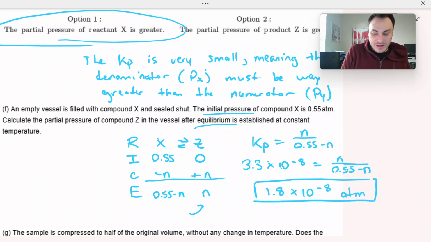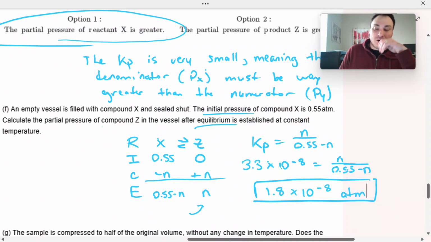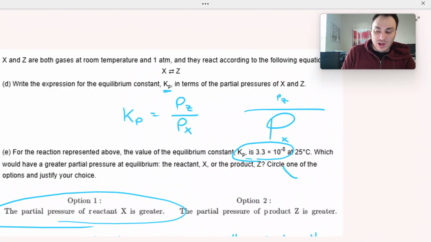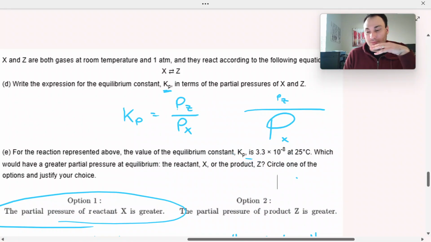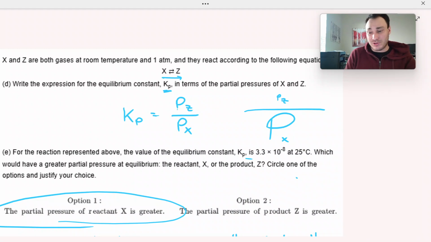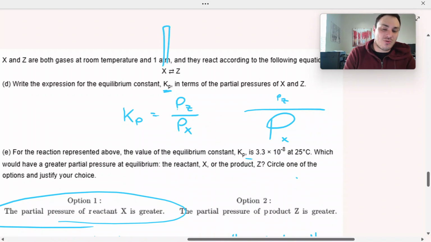That is my answer. The other way you could have done this, we already have talked about K being really, really small. What that means is that the change of X is pretty much negligible. This reaction does not really progress that much in this direction. It's a wicked small K. So we're going to end up with so much more X than we are Z at equilibrium.